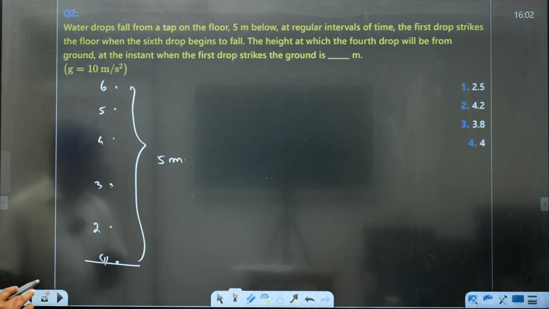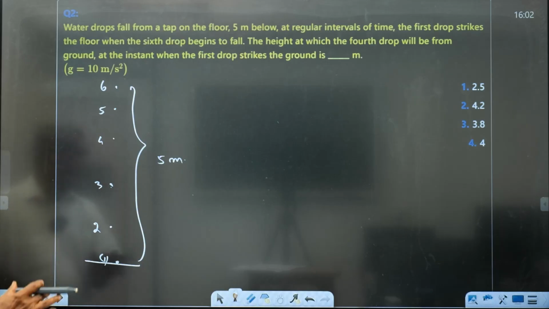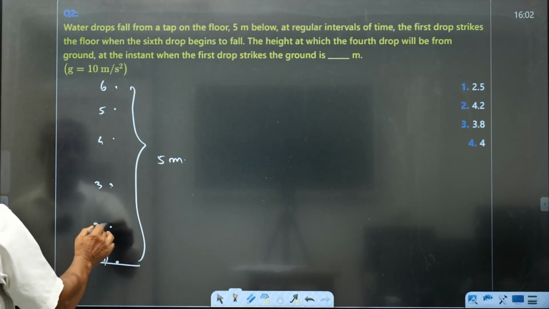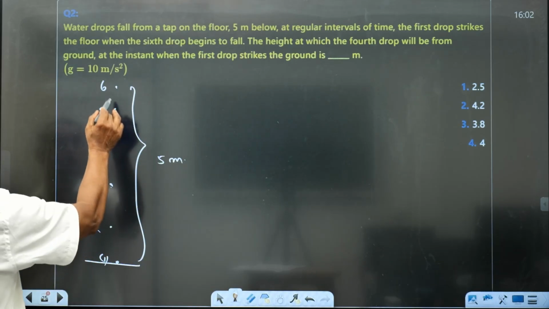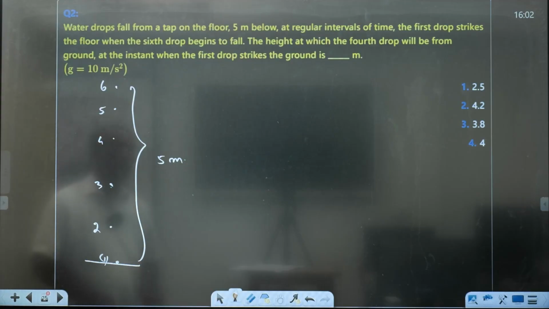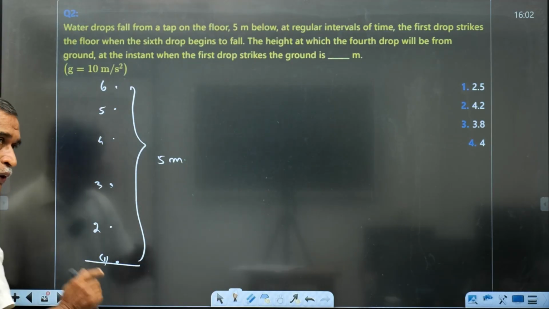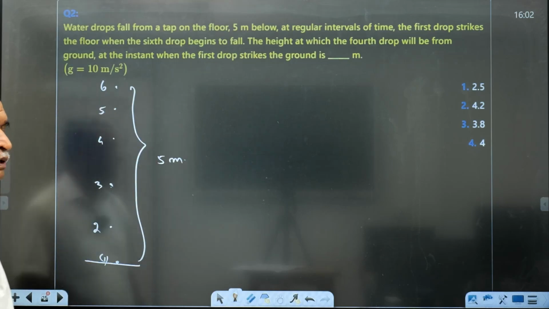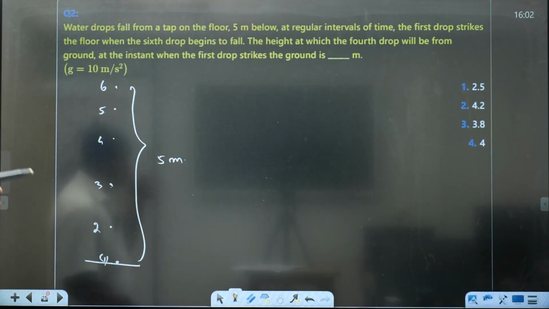Now we took a photograph of these drops: first, second, third, fourth, fifth, sixth one. And the problem says the sixth is just going to be released, and the first one hit the ground. Since they are dripped at regular intervals, you can apply Galileo's law of odd numbers.